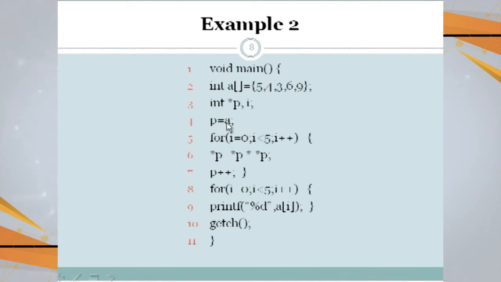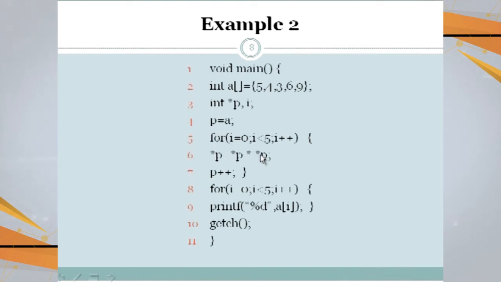p is initialized to the first element here, then i equals 0, i less than 5, the condition is true. At the first instance, *p is currently pointing to the first element of the array. *p multiplied by *p. Now the value at the first element is 5, 5 multiplied by 5.